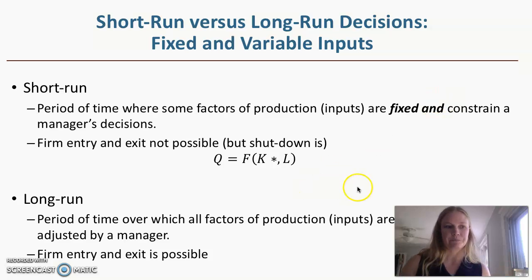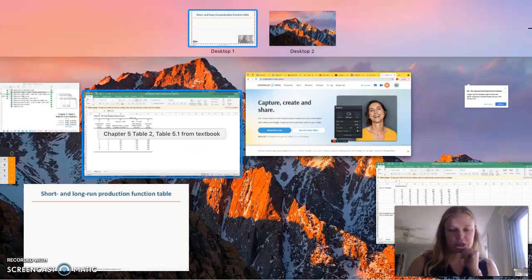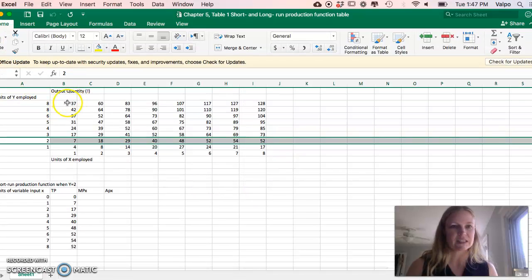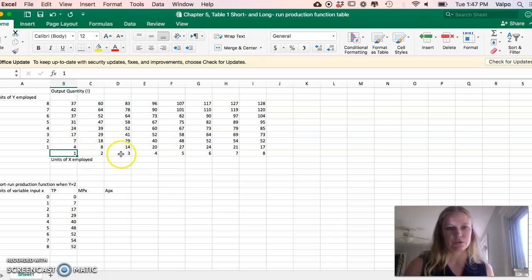All right, so what I'm going to do is move over to our first table here. This is from another textbook that I use, but I really like it. So I've got the units of X, or I'm sorry, the units of Y, 1, 2, 3, 4, 5, 6, that should be a 7, 8. And then units of X, 1, 2, 3, 4, 5, 6, 7, 8. All right.